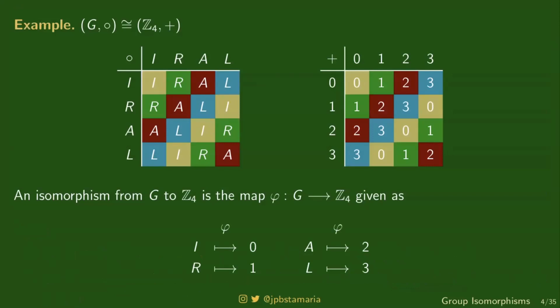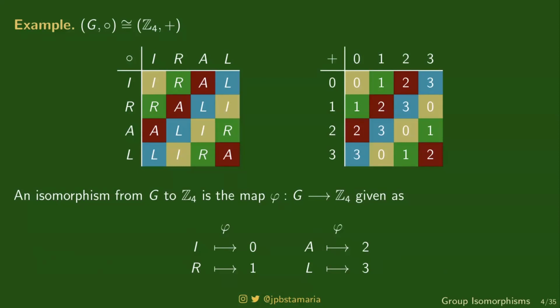Ayan. As in the previous example, an isomorphism that you can establish is, well, you can map I to 0, map R to 1, map A to 2, and map L to 3. You can check one by one that this is operation preserving. It's obviously bijective, but to check that it preserves the operation is quite harder to check this time because there are a lot of cases.